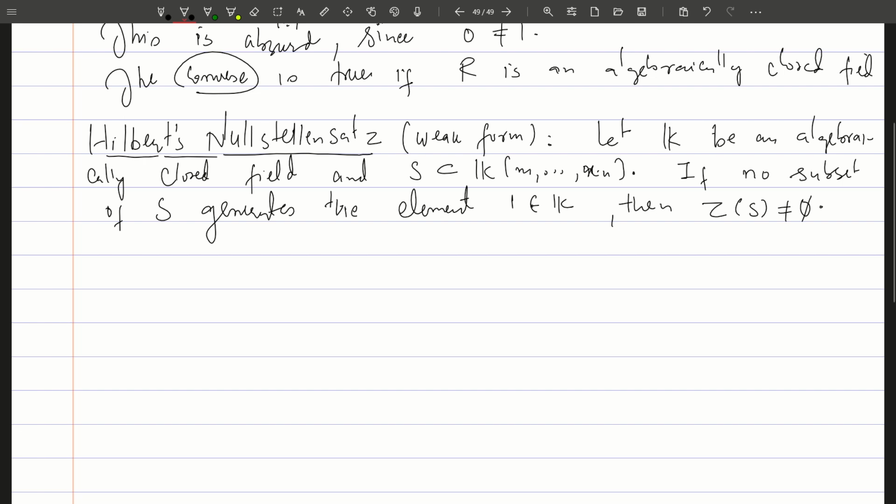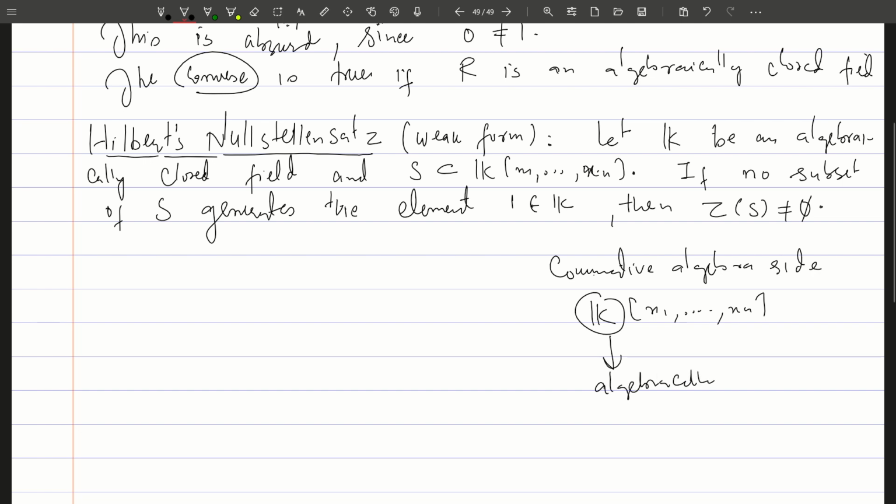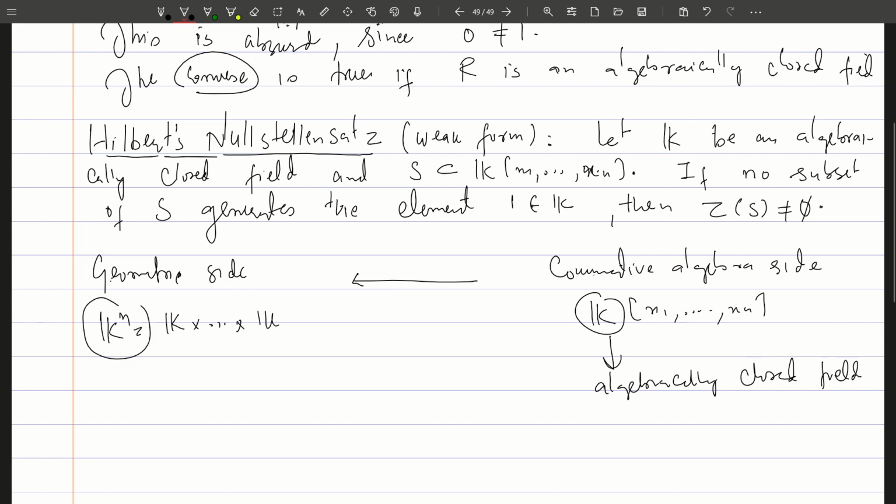Now our commutative algebra side will involve the polynomial rings, say in n variables, over the fields K, which are algebraically closed fields, and the geometric side is the space Kn, which is the Cartesian product of n copies of K. This is sometimes called the affine space.